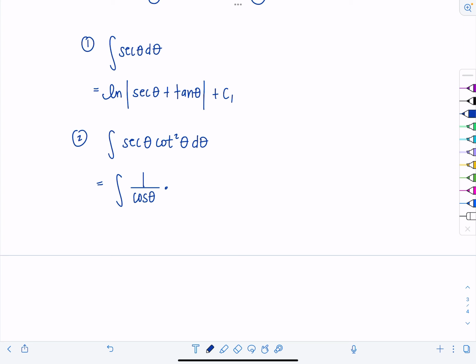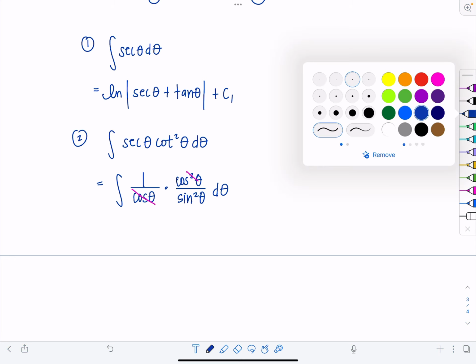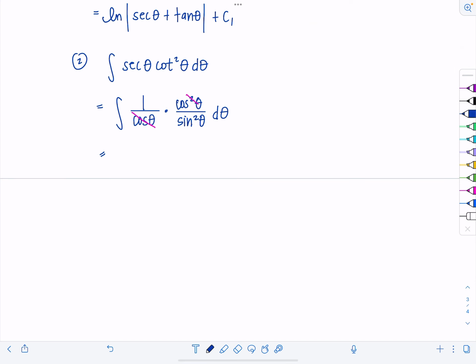Cotangent squared theta is just cosine squared theta over sine squared theta d theta. And ooh la la, this cosine theta cancels out. And now I'm happy because I finally have a trig function in the numerator. That's all we wanted this whole time. I just wanted someone in the numerator so I can just do a u sub, for crying out loud.